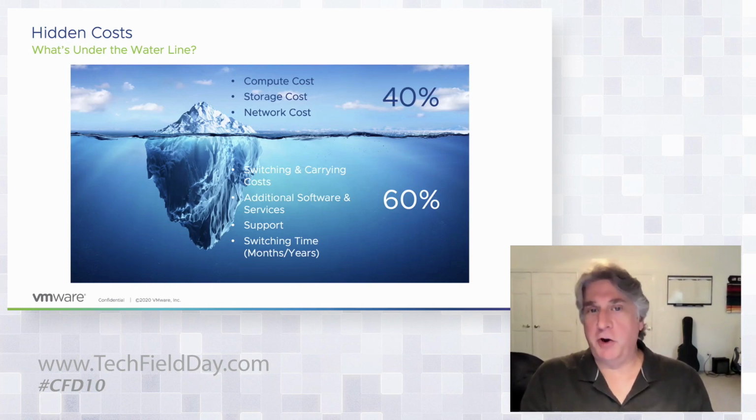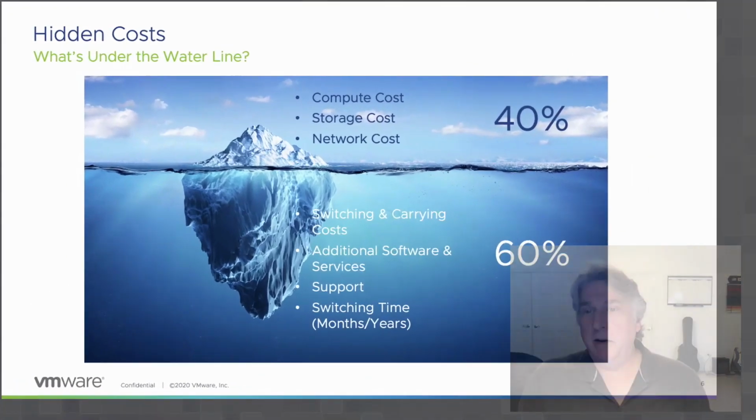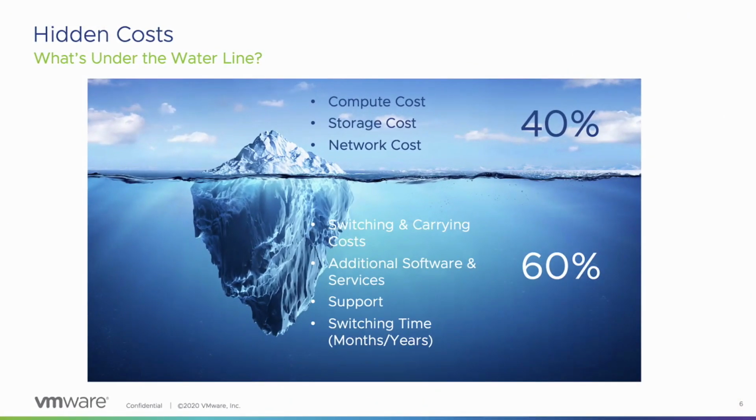Things like switching costs. Switching costs would be things like rehosting, refactoring, replatforming, and the labor costs associated with doing those things. Carrying costs are the cost of continuing the on-premises solution while you're implementing the public cloud native solution. A lot of times you're going to be carrying dual costs for some period of time until those applications are migrated over.